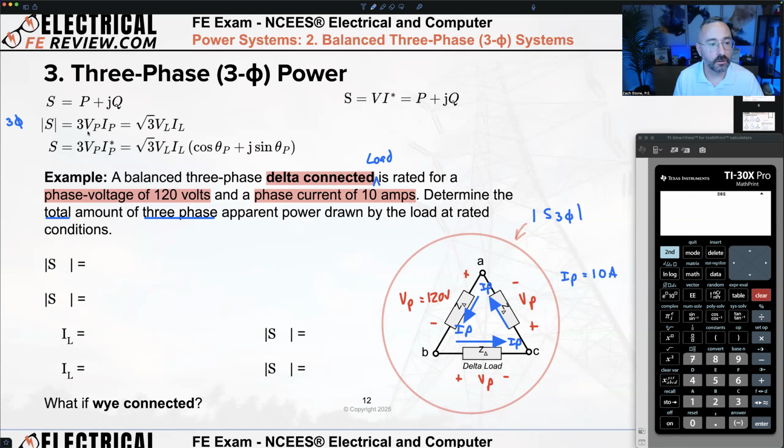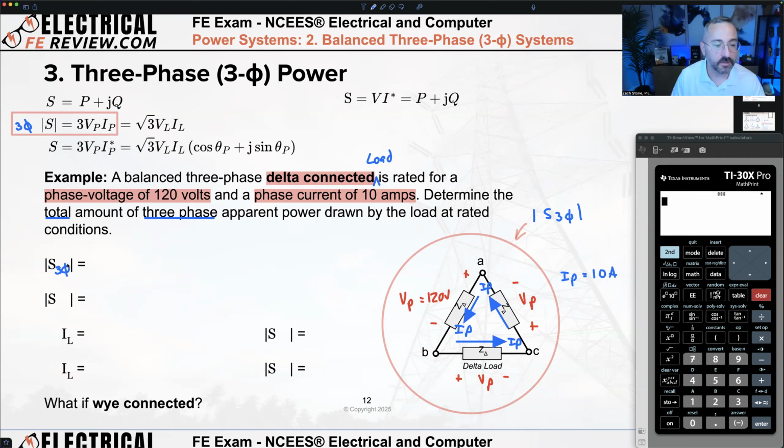Look at this right here. Three-phase apparent power equals 3 times my phase voltage magnitude and phase current magnitude. Do I have these two numbers, phase voltage, phase current? Yeah, I sure do. So we're going to try solving for it this way first.